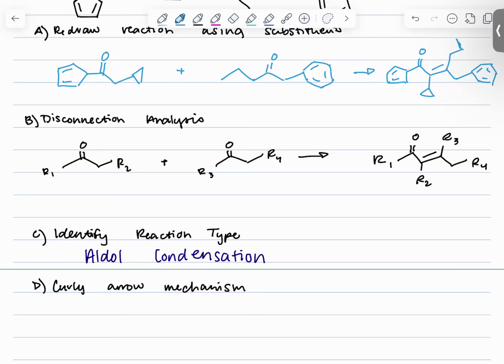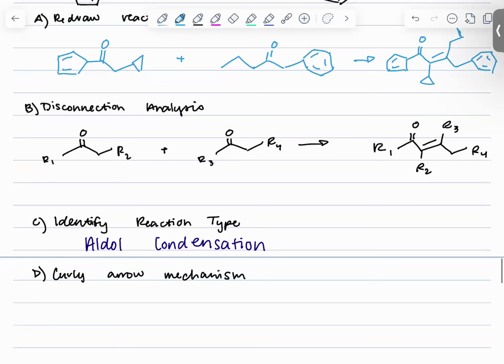Try to do the shapes. If you are getting lost with the shapes, do the R's, because that can at least get you partial credit. I just don't know yet if it's gonna be partial or full credit for just R's. So, disconnection analysis. I'm gonna need to draw in some hydrogens.